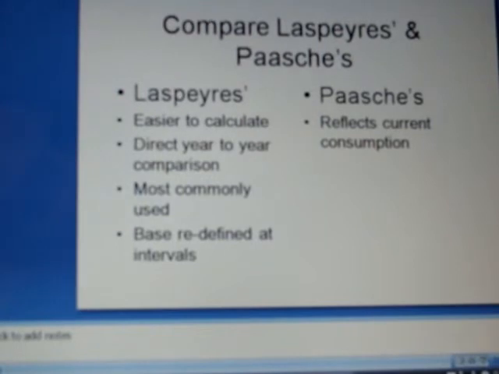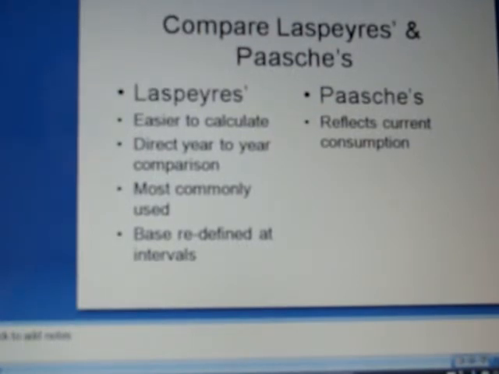In case of Paasche, because it uses the current year quantity, the method reflects current consumption. This can be taken as an advantage of the Paasche method.